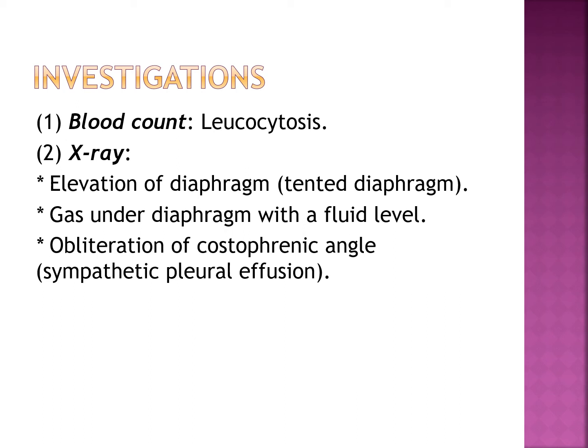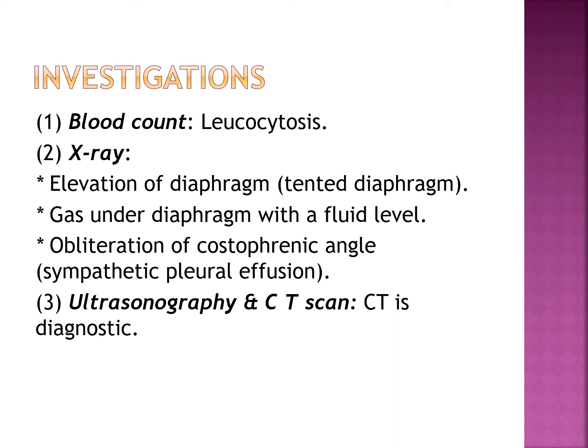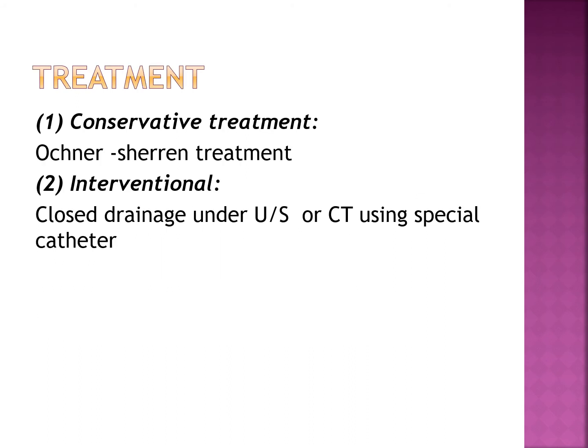And finally, ultrasonography and CT, and CT is the most important diagnostic modality used in subphrenic abscess. Treatment: conservative treatment using the Ochsner-Sherren regimen might be employed, but interventional treatment is usually needed to drain the pus.